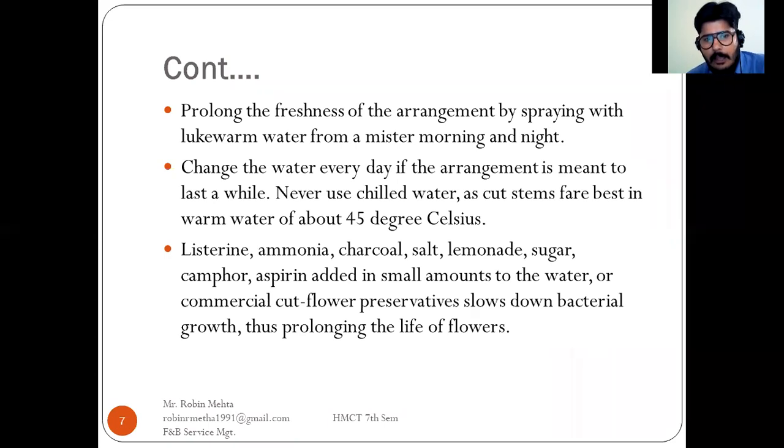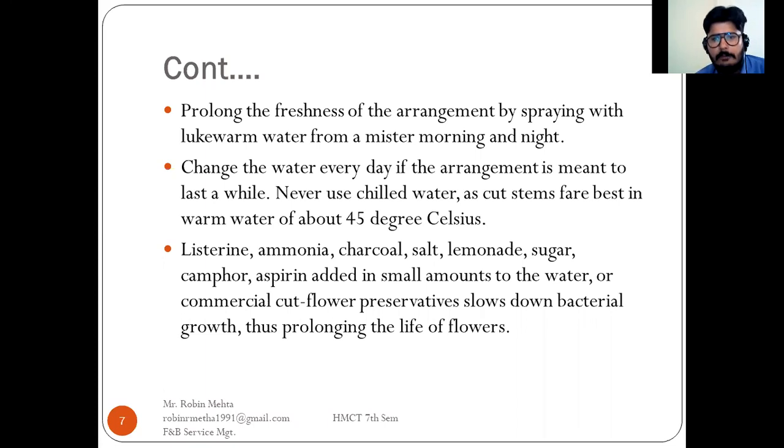Next, change the water every day if the arrangement is meant to last a while. Never use chilled water, as cut stems fare best in warm water of about 45 degrees Celsius.